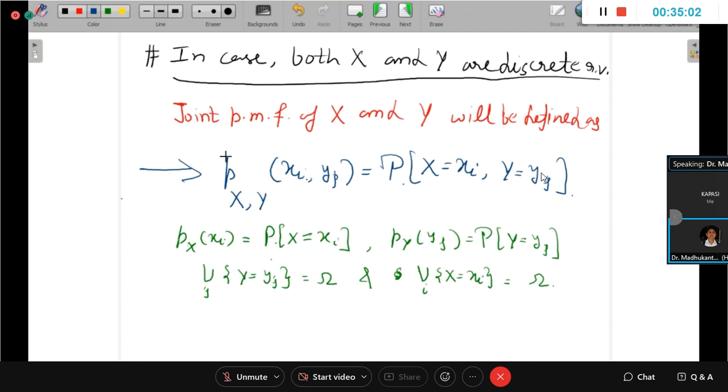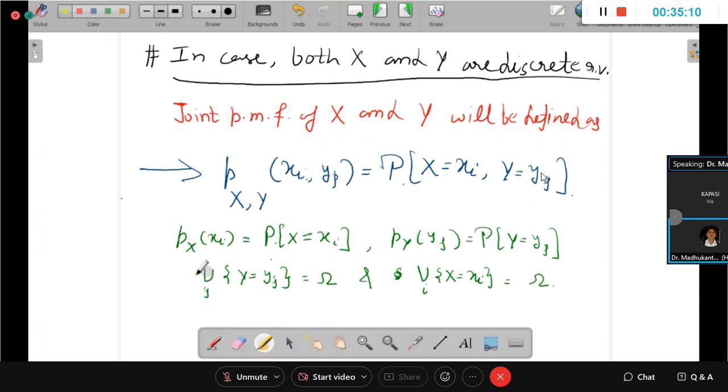We will get back to our example and relate it more. And the individual probabilities, you already know them well. These are the PMF of y and x respectively.